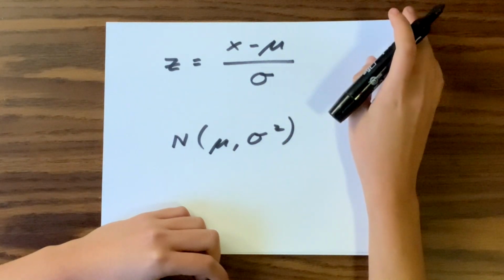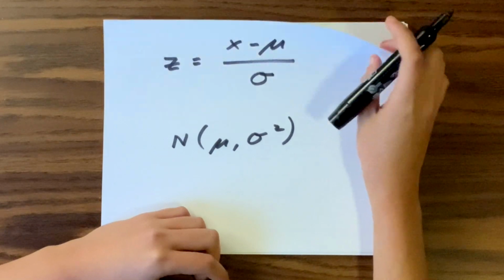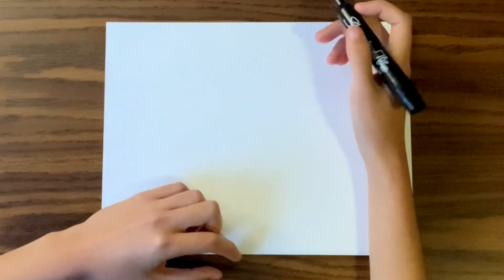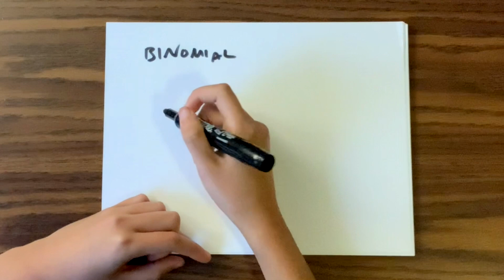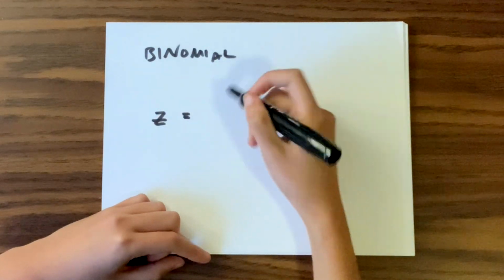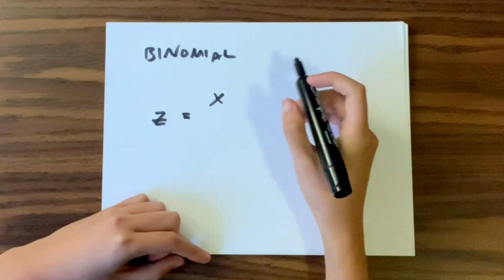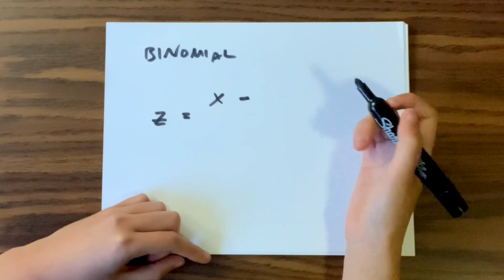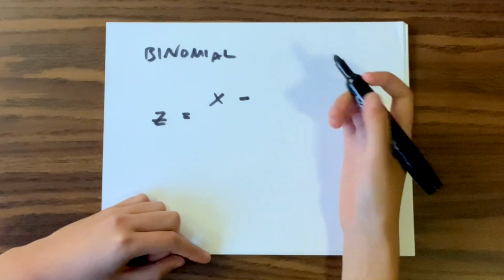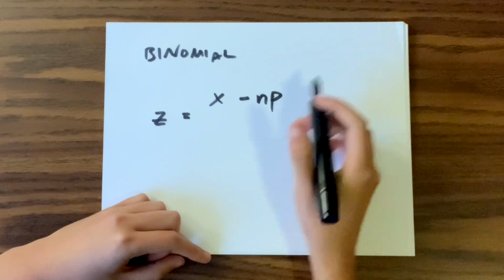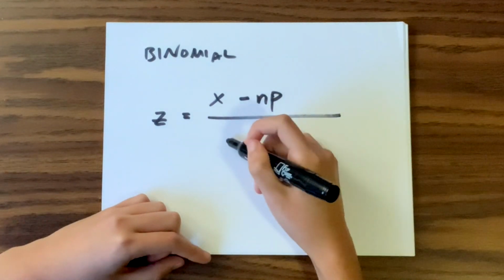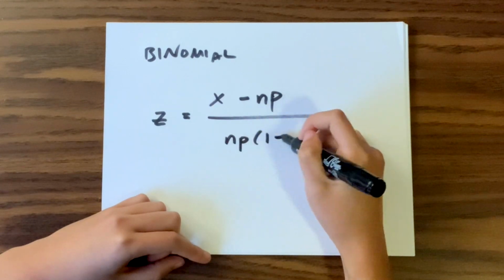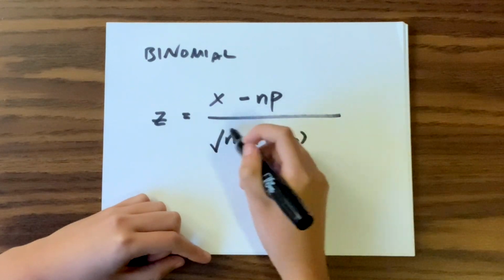We can think about this as a Gaussian distribution. And so how do we standardize the normal random variable for a binomial distribution? Well, we can still use the same letter z. Z is equal to, again, some value of x minus, and instead of the mean this time, we're given the binomial distribution, so it'll actually be n times p, all over our standard deviation, which is n times p times 1 minus p, all square rooted.